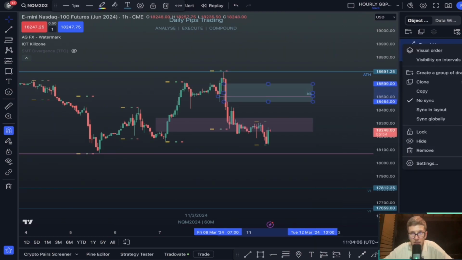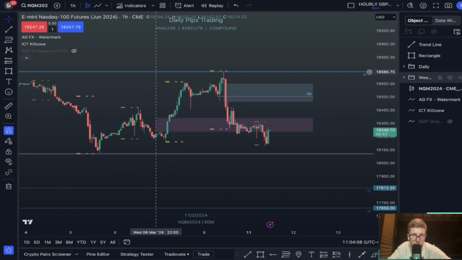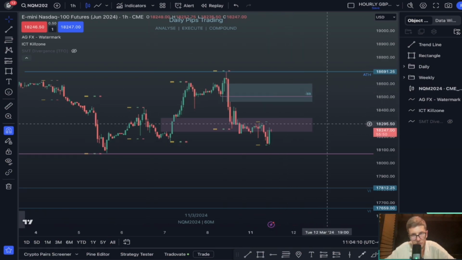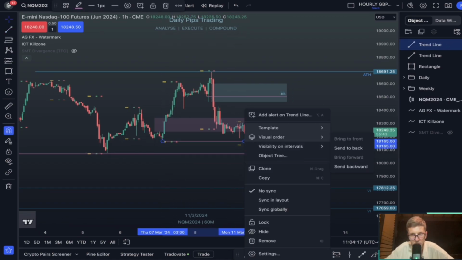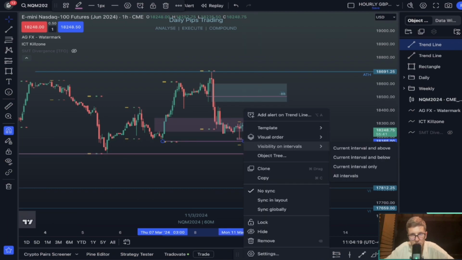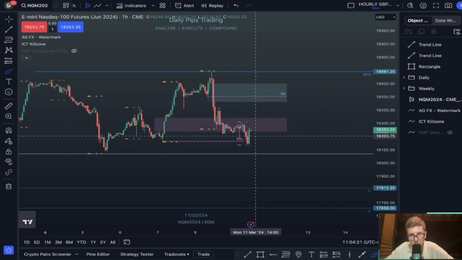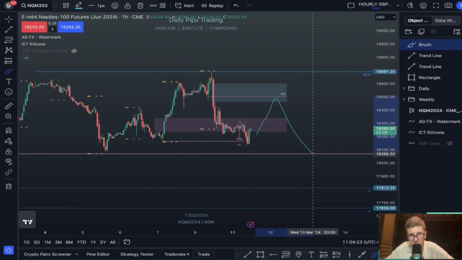This looks a lot better than it did on ES. So I'm going to be interested in trading NQ a little bit more compared to ES this week probably, right? Otherwise, sell side being taken, so push to that order block is very appreciated.